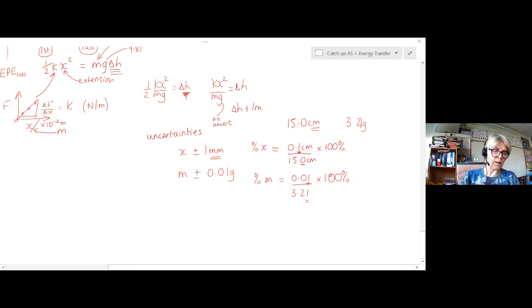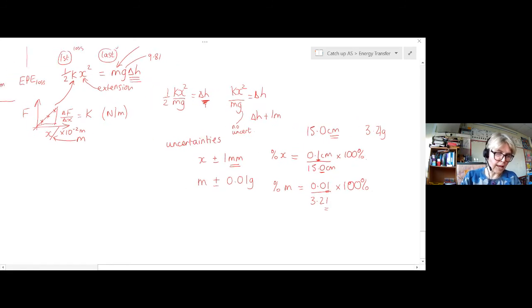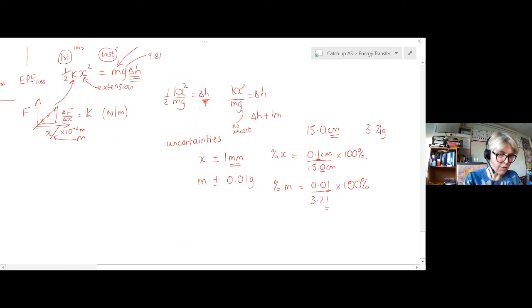Now, we need to look at this K value. The K value we've got from my F and these X extension values. For sake of argument, when you go on to year 13, we do error bars and lines of worst fit, and then we develop that into getting an uncertainty in the gradient.